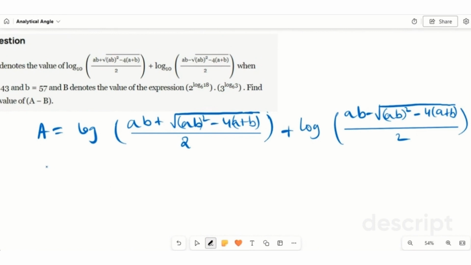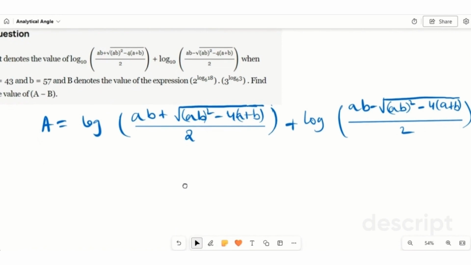So we know that log A plus log B is equal to log AB. So we can write this as equal to log.